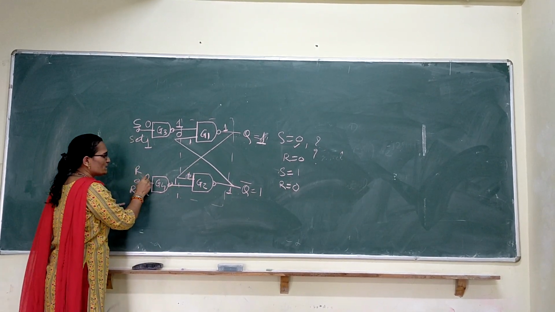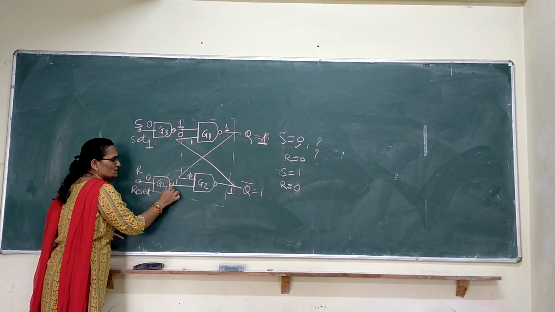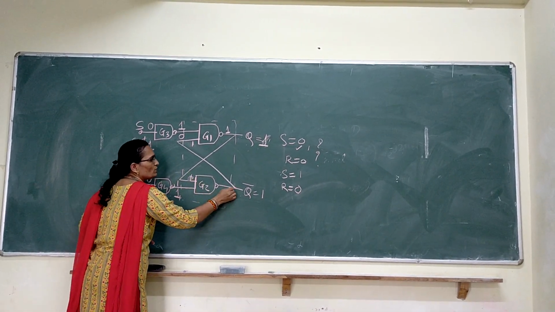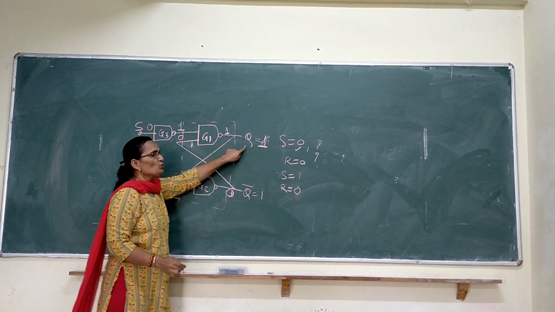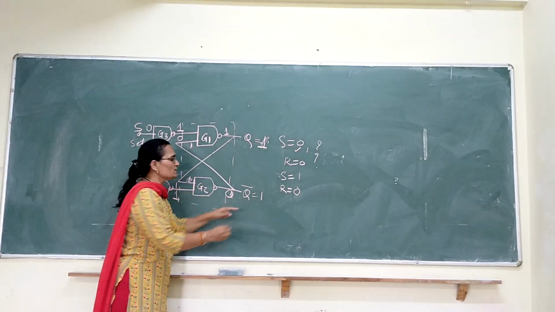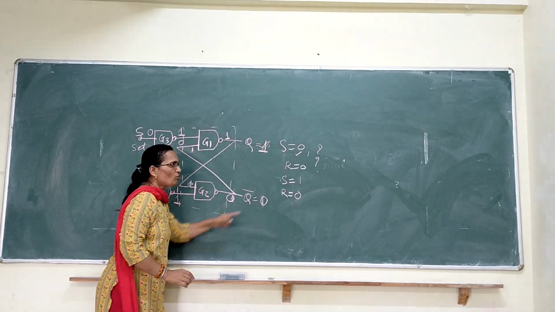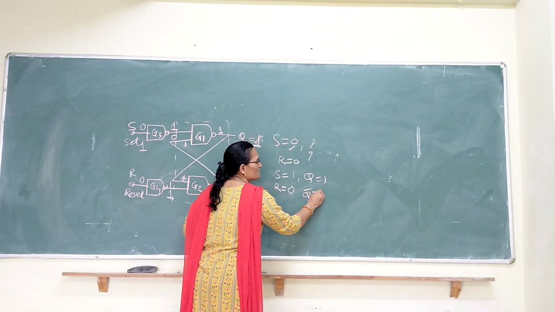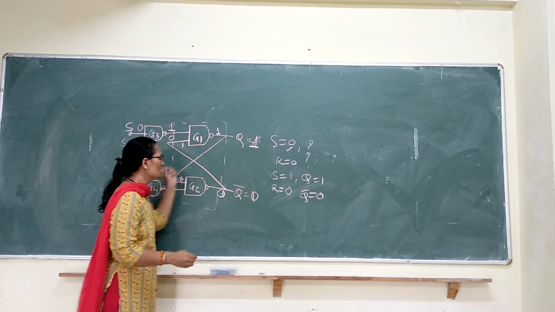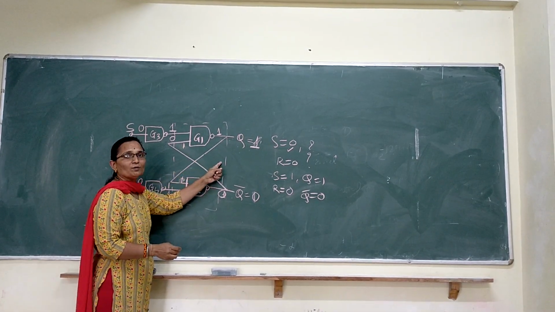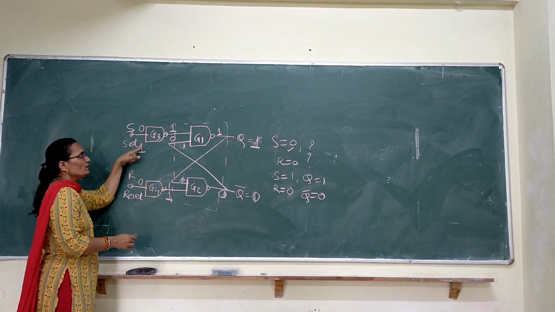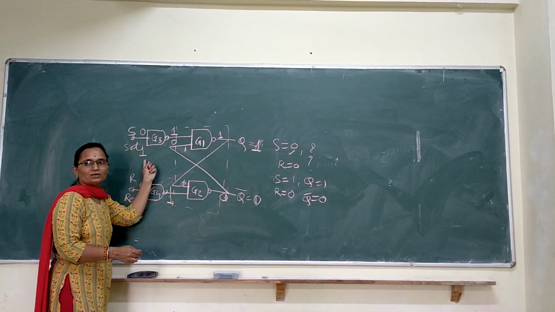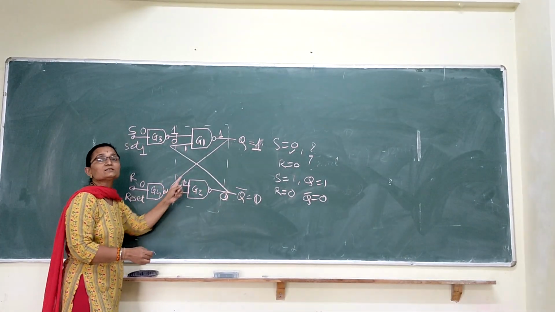And R is 0, so the output of NAND gate G4 is 1. With inputs 1 and 1, the output is 0. So Q is 1 and Q bar is 0. The output of the circuit is 1: you give a 1, you get a 1. Whatever value you enter into this circuit, you get the same value.